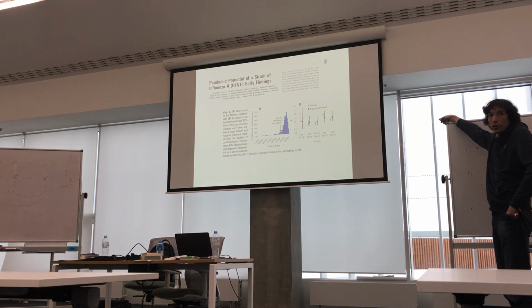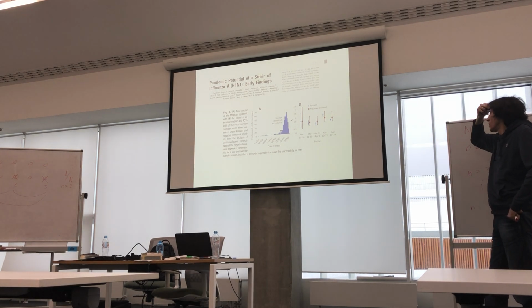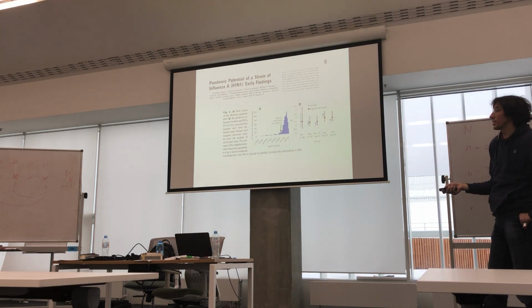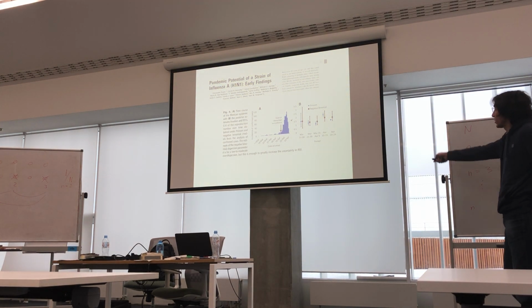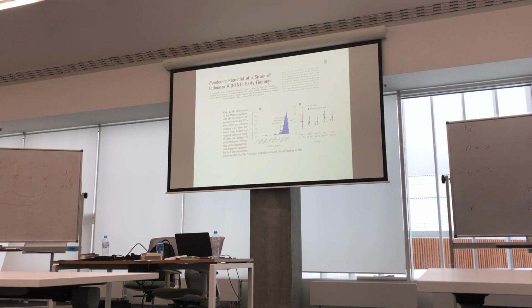This is a very early, very preliminary analysis that people did of the rate of spread. One of the things they did was exactly the thing that I told you about. They tried to estimate the rate at which the population was growing, the rate at which the infection was spreading, using a bunch of different methods, but one of them was exactly this coalescent-like approach.